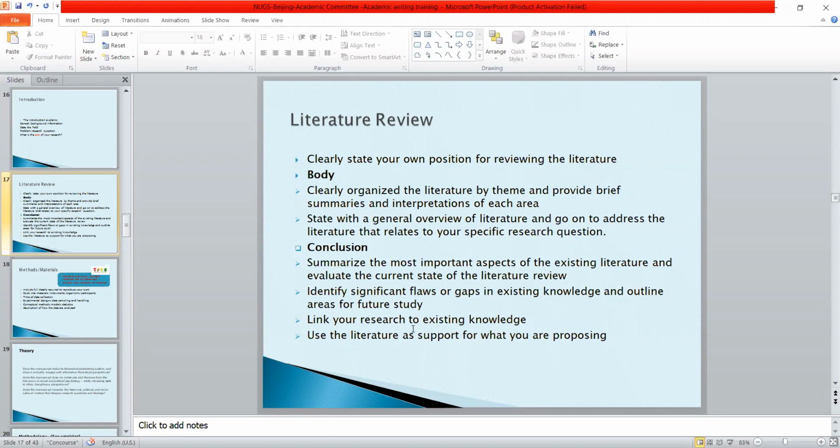Am I the first person to come out with that idea? It must be very clear when you are writing your research. So you must link your research to existing knowledge. Then use the literature as a support to what you are proposing.